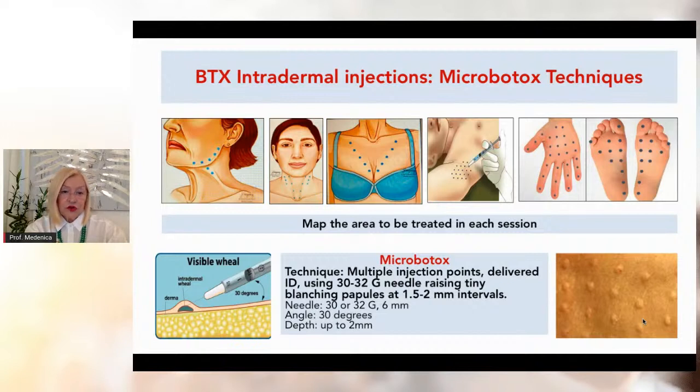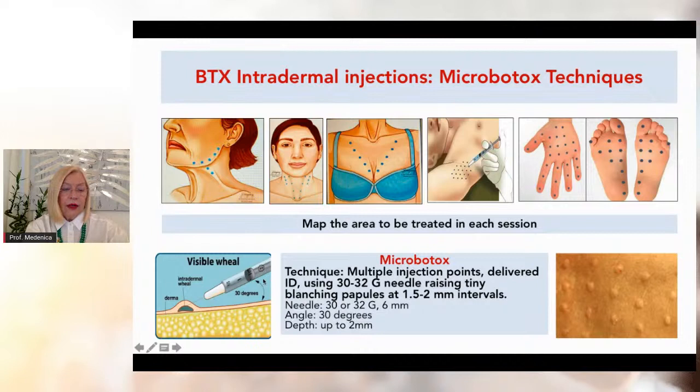As you can see on this slide, those are multiple injection points delivered intradermally using 30 to 32 gauge needles, raising tiny blanching papules at intervals of 1.5 to 2 centimeters.